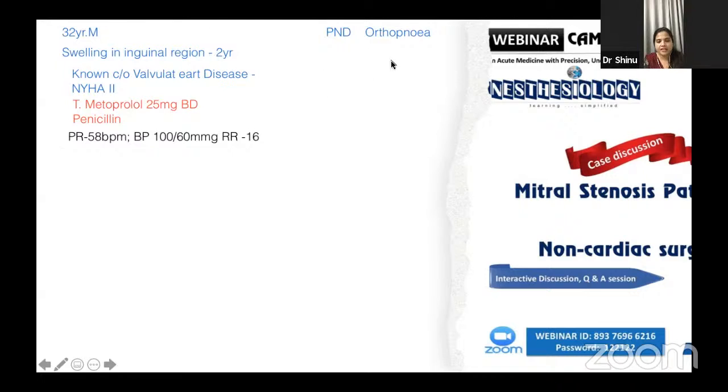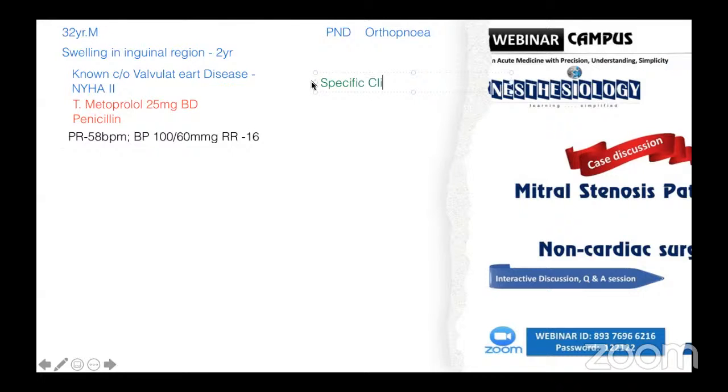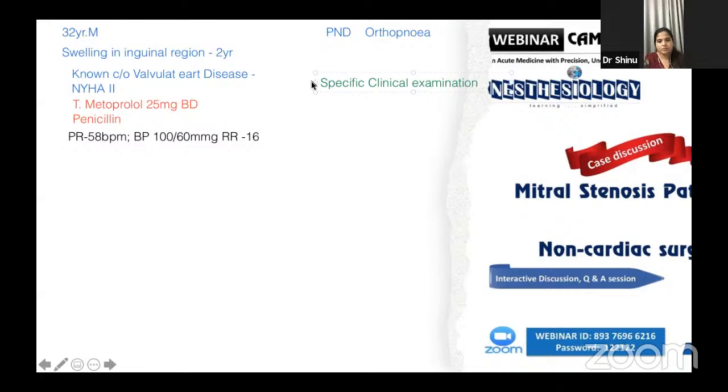From the general examination, ma'am, if the patient has a history of MS, there will be mitral facies, and there can be a malar rash over the face. That is not much important for us. What is important for us as anesthesiologists? Ma'am, we can look at the heart rate and the JVP. If the patient is in congestive cardiac failure, the JVP will be elevated.